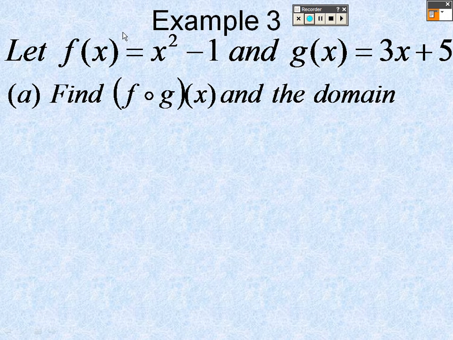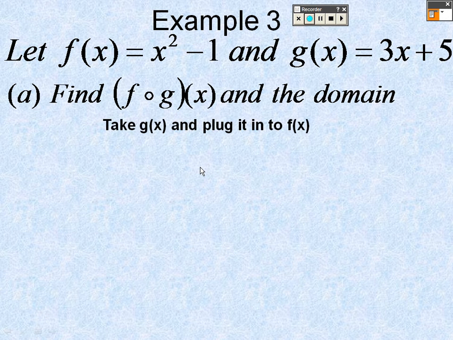This right here, I see absolutely no roots, no even roots, so I don't have to worry about that. I don't see any fractions with x's in the denominator, so this one's from negative infinity to infinity, all real numbers. This one is a straight line. This one's also negative infinity to infinity because there are no even roots, there are no fractions with x's in the denominator, so this one's okay as well.